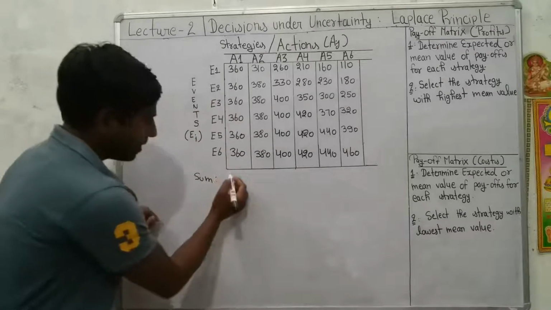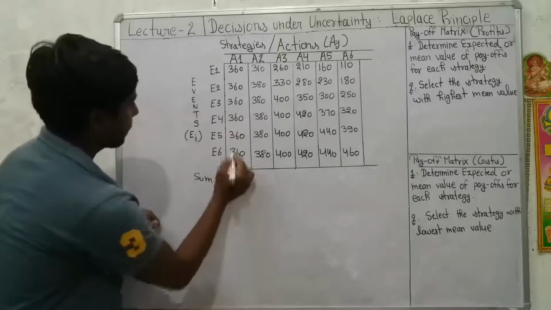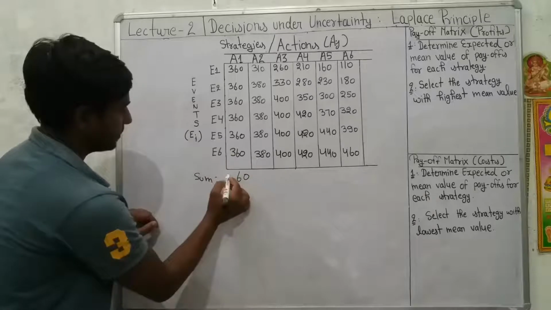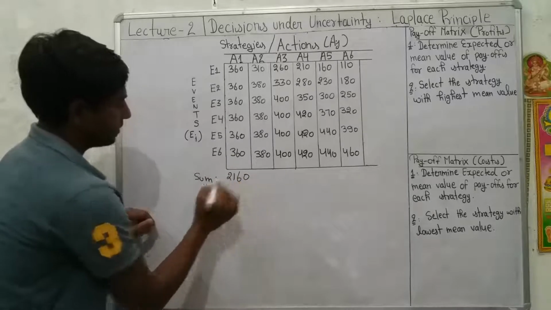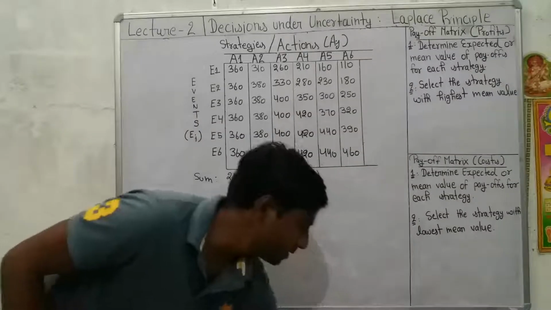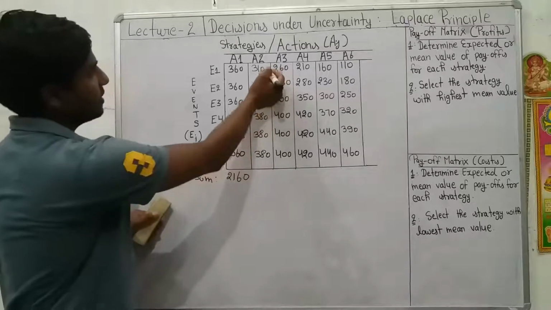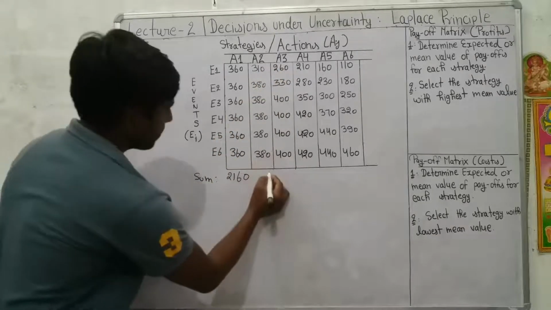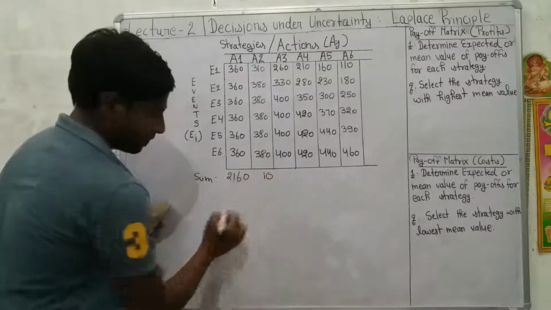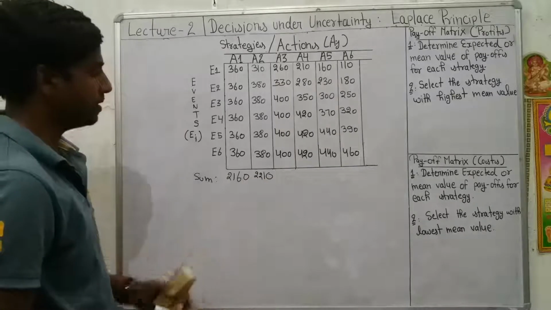So in this case, the sum of this column would be equal to 2160. The sum for action 2 or strategy 2 would be equal to 2210.